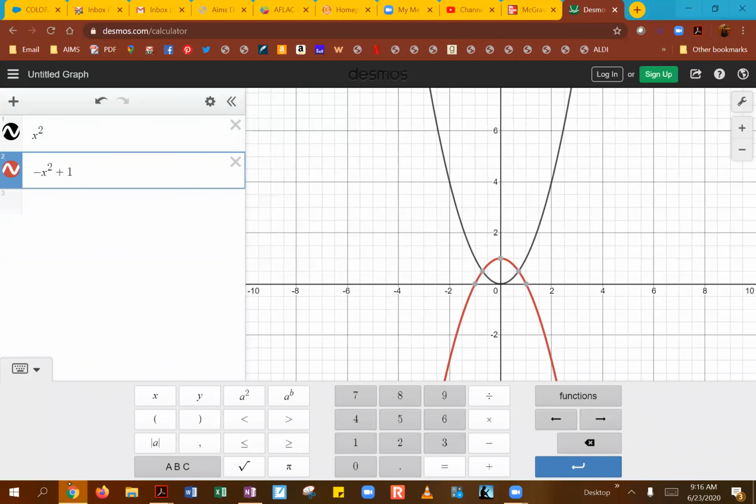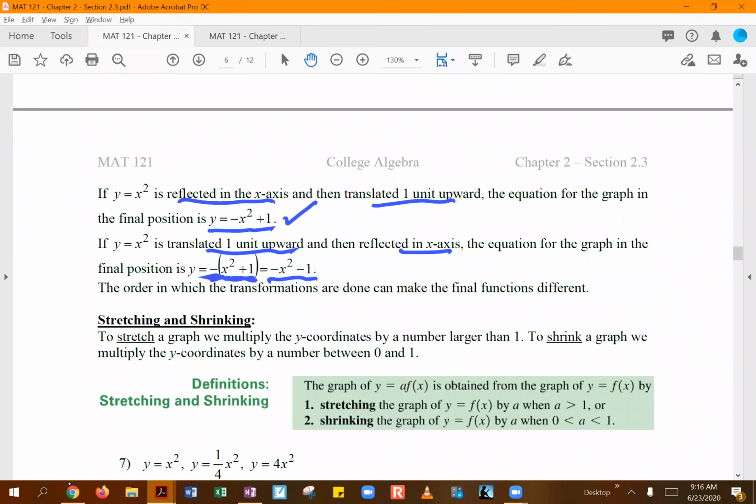Let me show you this in steps. We first did the reflection as they told us, and then we did the translation. So when you add that 1, instead of starting at 0, 0, that graph now moves 1 unit upwards.